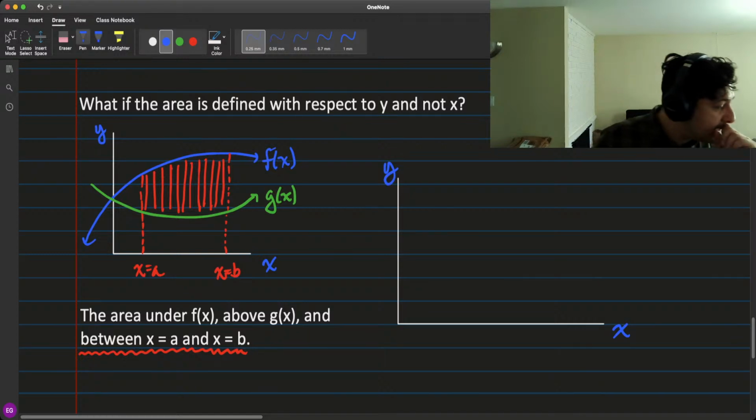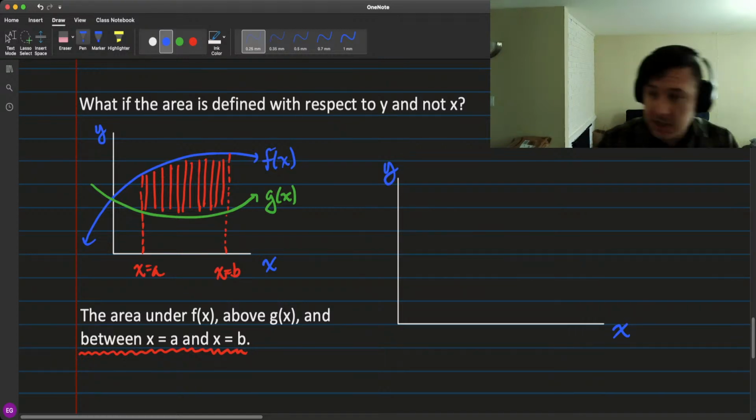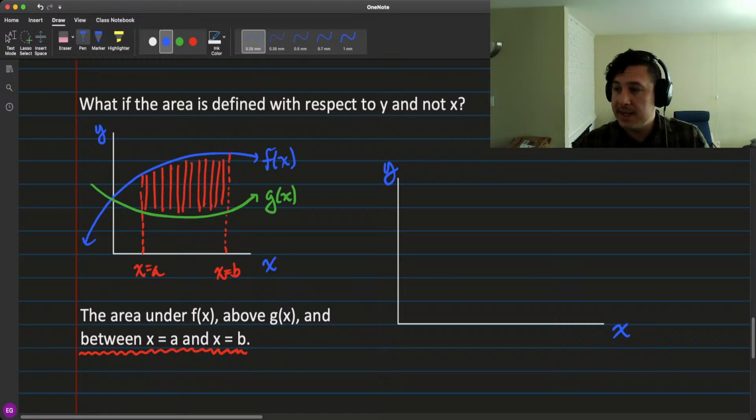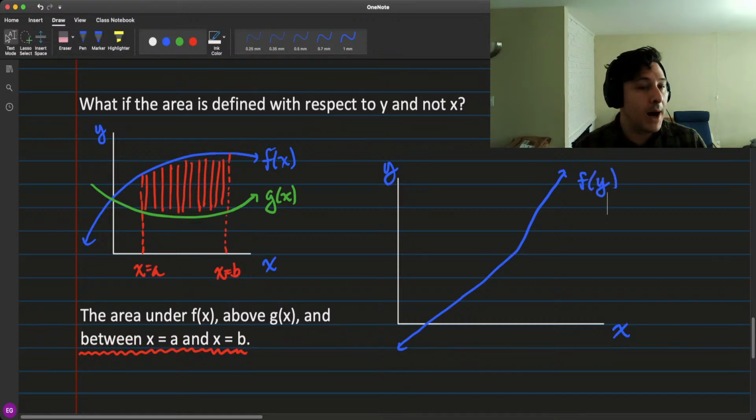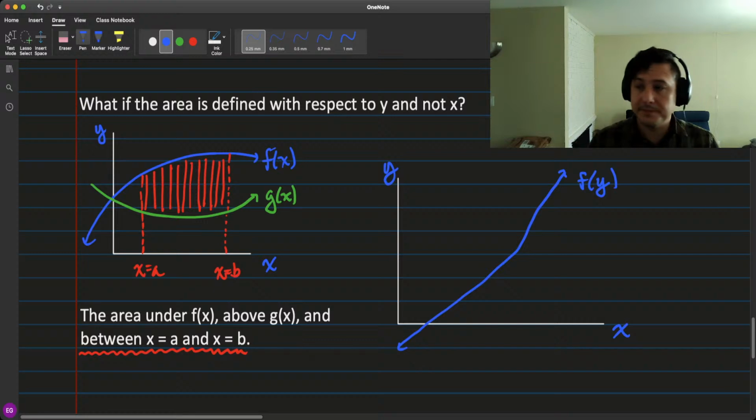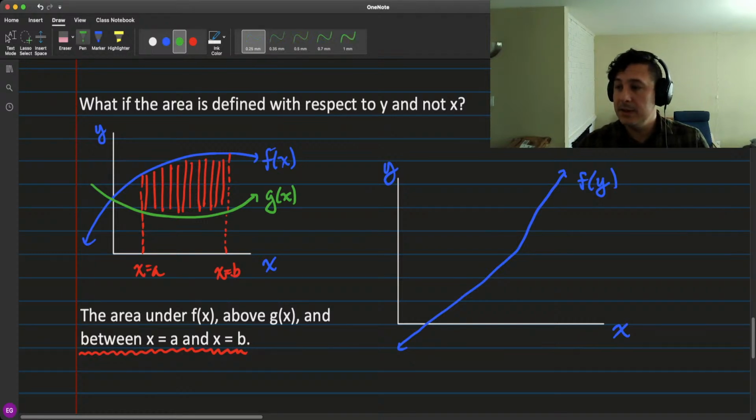Let's say that one of your functions looks like this. Let's draw it like this. This is f of y. I'm now using y as my independent variable. And over here, I have g of y.